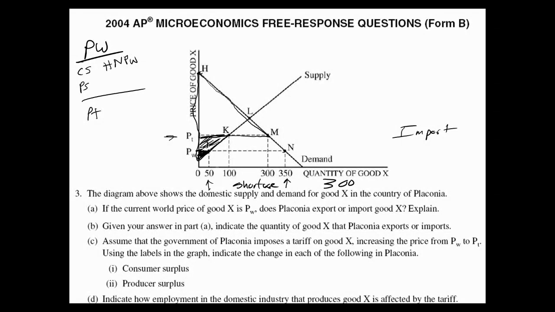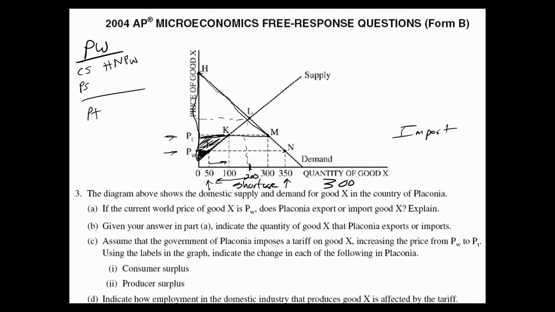Indicate how employment in the domestic industry that produces good X will be affected by this tariff. Well, remember, we were here. I don't know what number that is, but let's say that's 200. When we were at the domestic equilibrium price, we were at 200. But then when we went down to PW, the world price, we started producing less, so domestic manufacturing jobs left. But because the government put a tariff on it, we went from domestically producing 50 to domestically producing 100, so jobs are back.